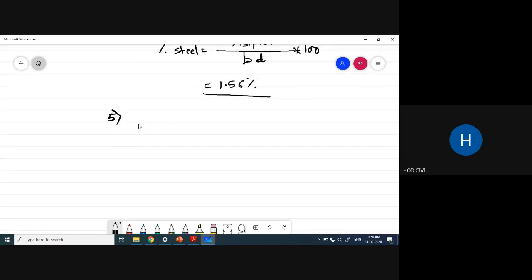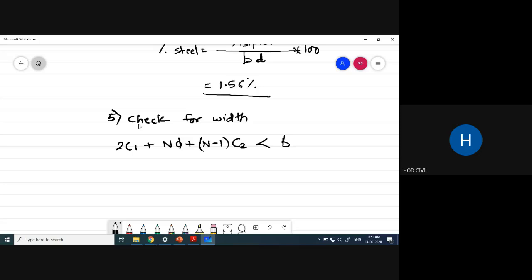Now for that, we will adopt the next check for width, in which we have a formula. Tell me the formula. 2C1 plus N phi plus N minus 1 C2 should be less than B. Now I will adopt the C1 and C2 values.